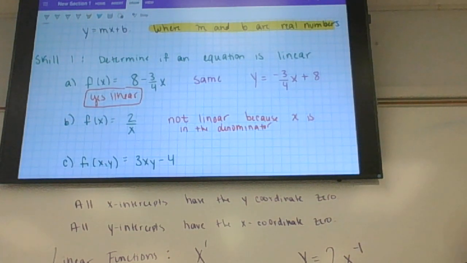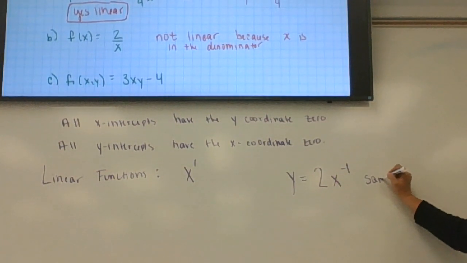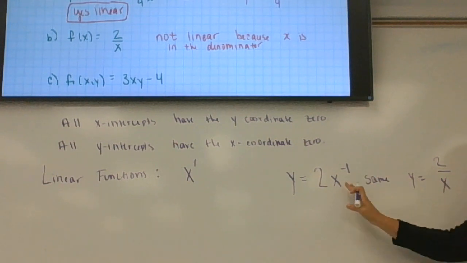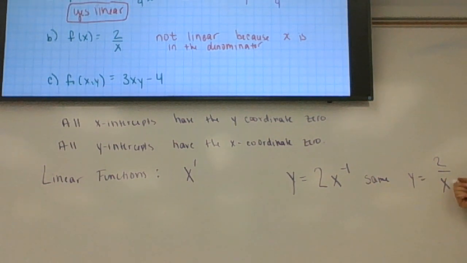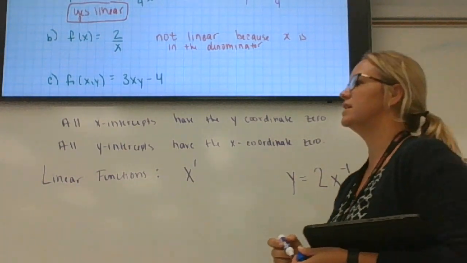Anybody remember negative exponents? Negative exponents lead to fractions. So this is the same as y equals 2 over x. So in this fraction, x doesn't have an exponent of 1. It has an exponent of negative 1. So that is not linear.